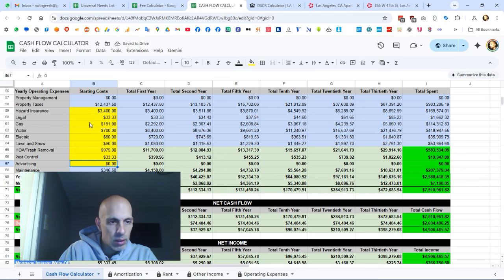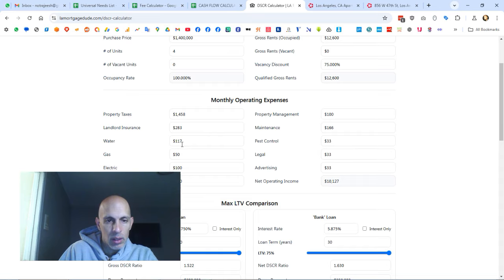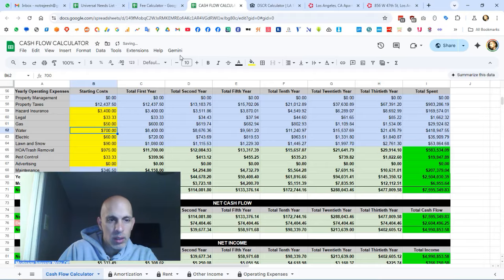And then we are going with gas, which is 50. What is water? 117 or 116.67.